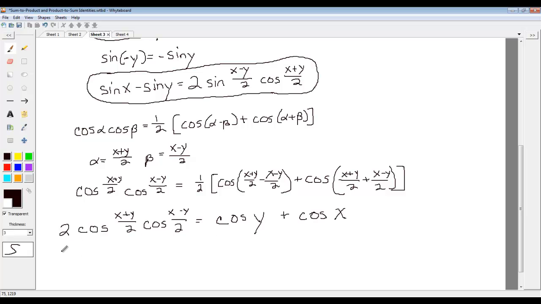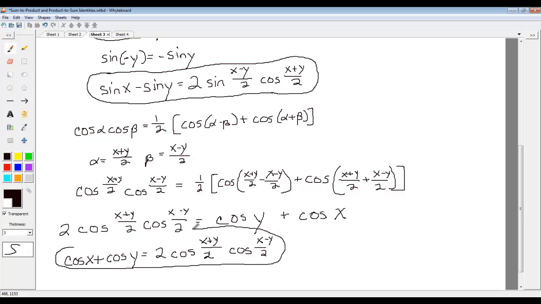So cosine x plus cosine y equals 2 times cosine of (x plus y)/2 cosine of (x minus y)/2. So there's that one.